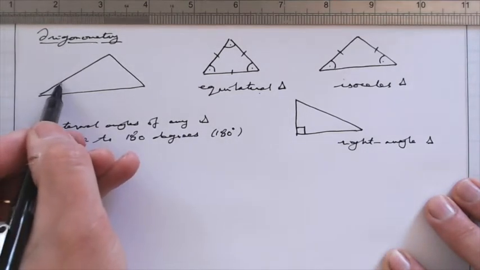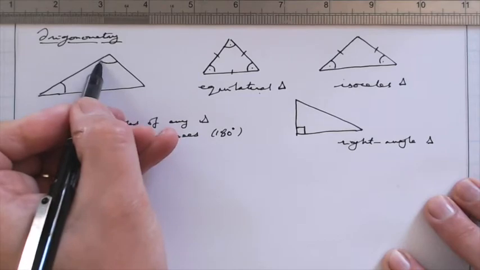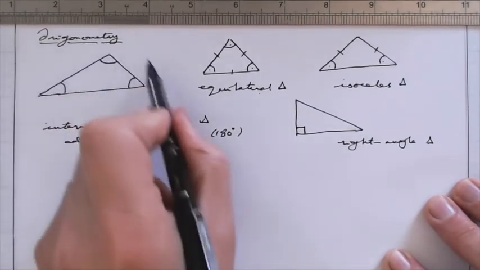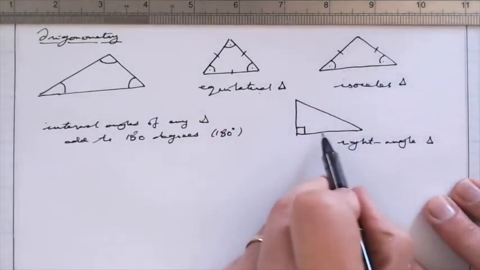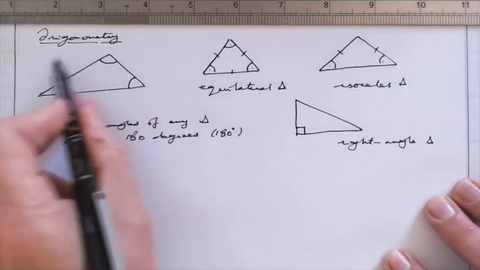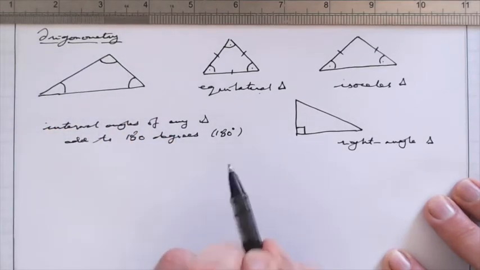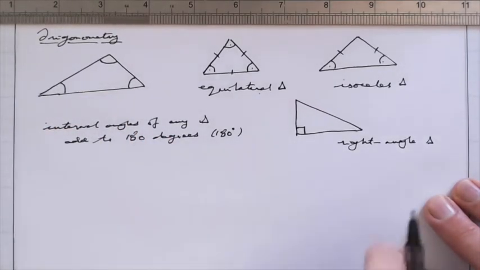So the internal angles, in this common or garden triangle that I drew, that is not privileged to be in one of these more fancy classes, these three angles are guaranteed to add up to 180 degrees.